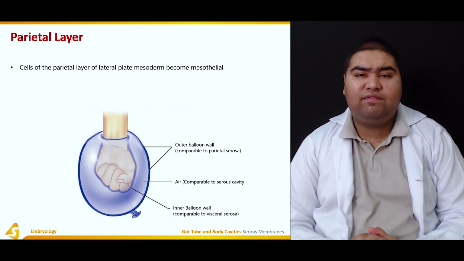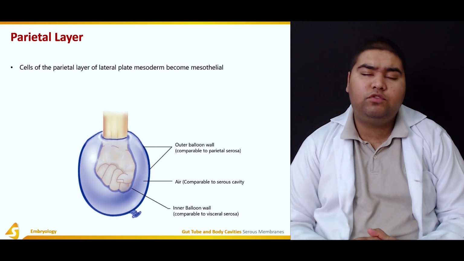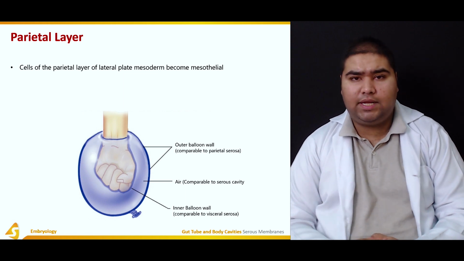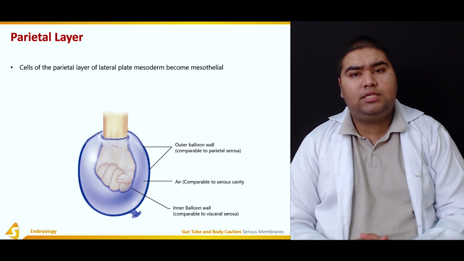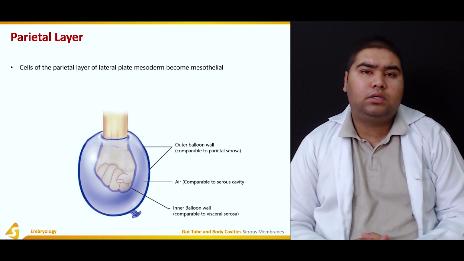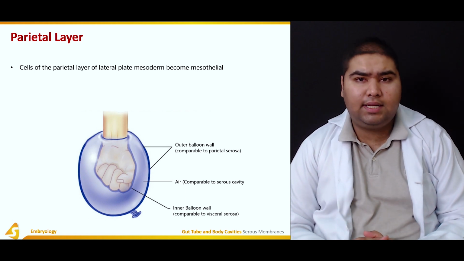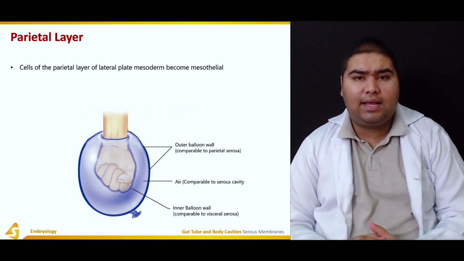Now we have intermediate mesoderm. The intermediate mesoderm helps in the formation of the urogenital system. Lastly, we had the lateral plate mesoderm. The lateral plate mesoderm further split into a dorsal portion, which was known as the parietal layer, and the ventral portion, which is known as the splanchnic layer.